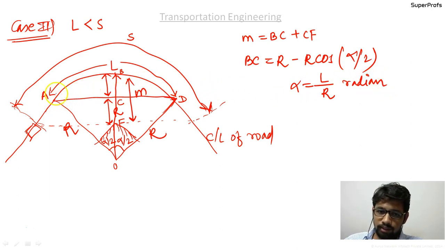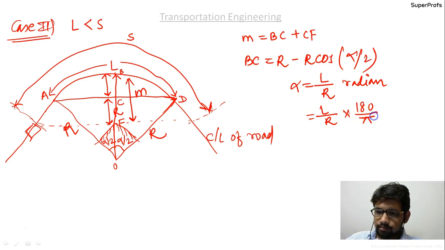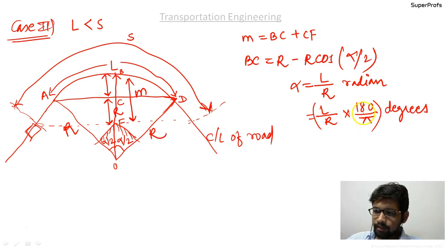The length of the curve upon the R, that is arc upon the radius, will be equal to L by R into 180 by pi degrees.